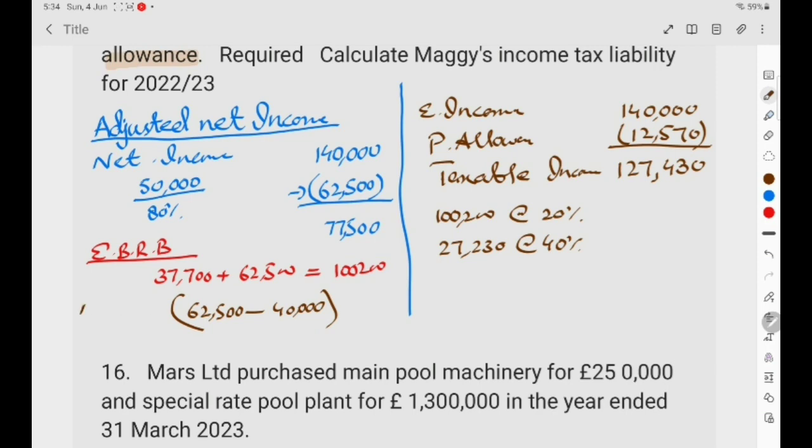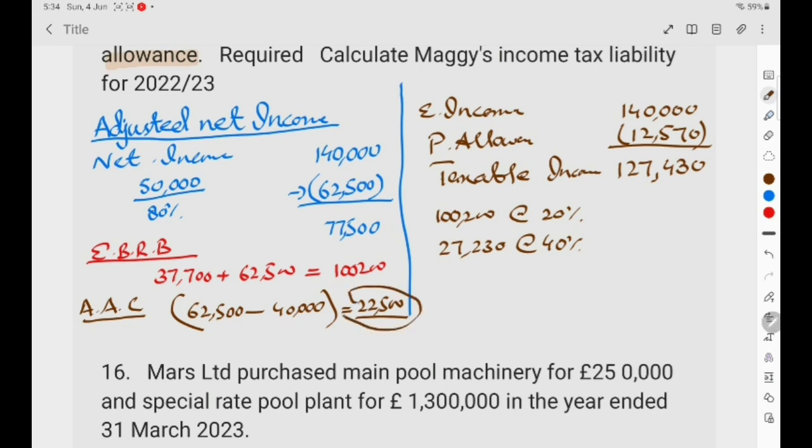So this is the annual allowance charge. Annual allowance charge is applicable on 22,500 of income. Whatever amount of her gross personal pension contribution is in excess of the annual allowance of 40,000 will attract the annual allowance charge.